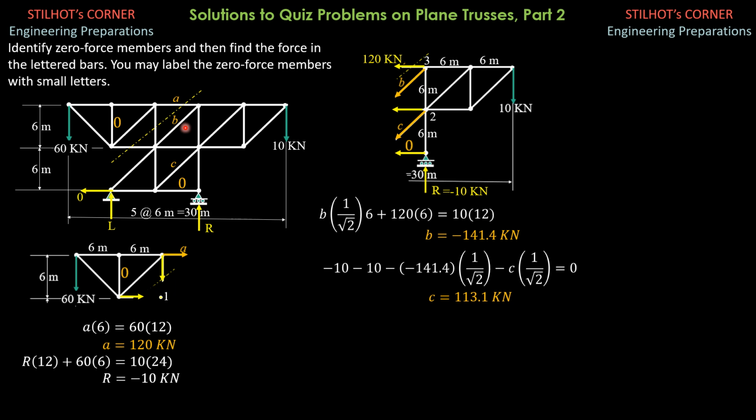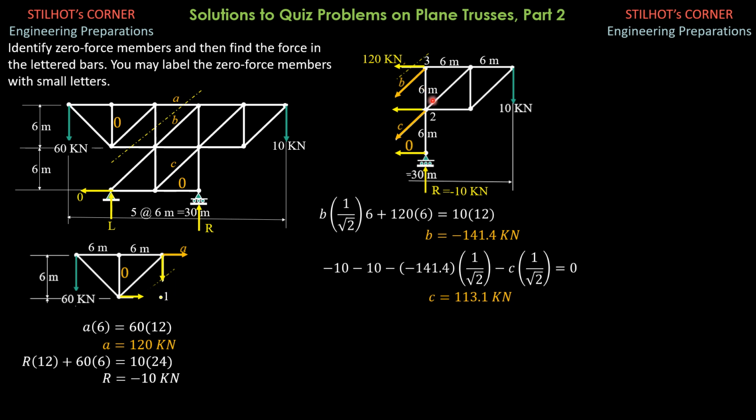There are 1, 2, 3, 4, 5 members cut, but they are reduced to just 4 because this member carries no force. To solve for B, we sum up moments about this joint, which I call 2. Actually, that is also joint 1. I just mark it with 2. So the slope of B is, because that is 6 and this is 6, 1 horizontal, 1 vertical, square root of 2 hypotenuse.